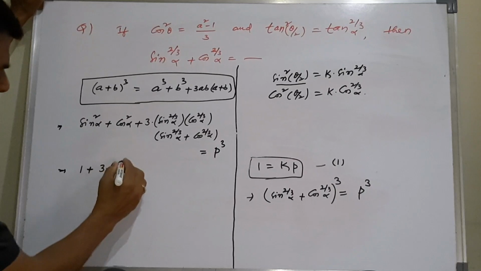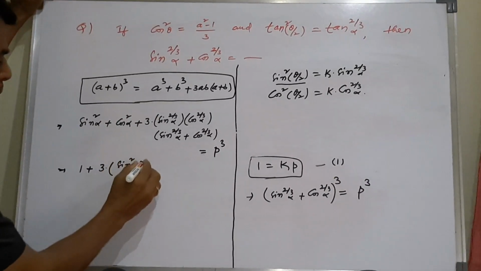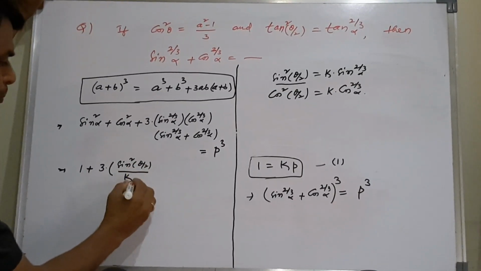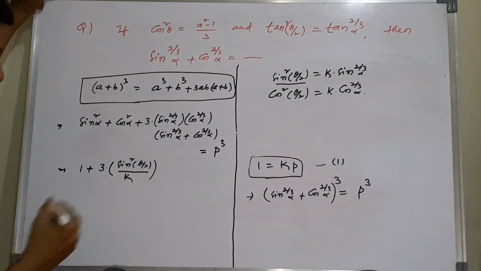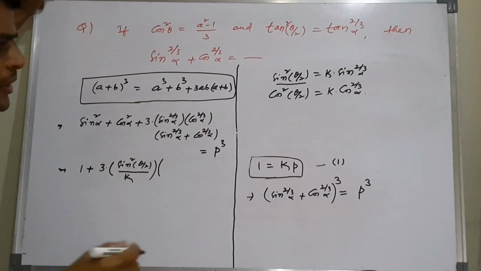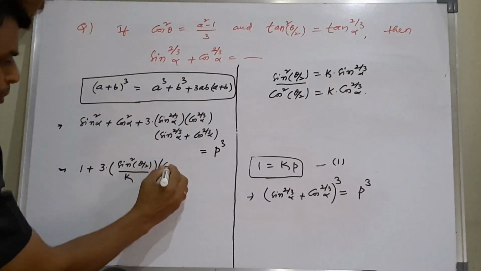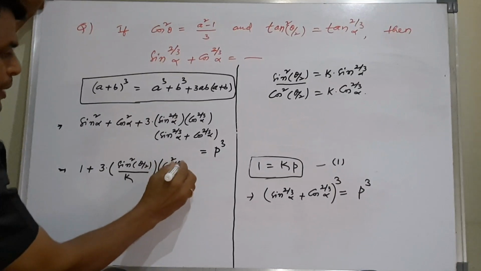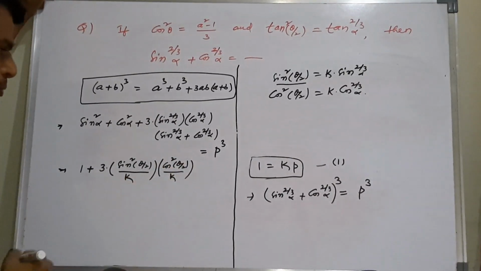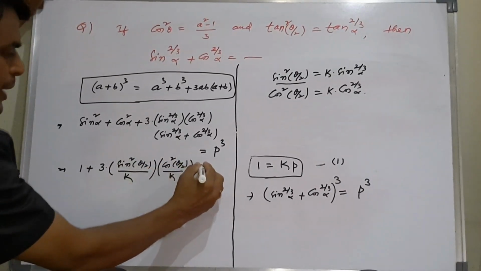So now I am replacing that, so that you will be getting sin square of theta by 2 by k into, even we are replacing cos power 2 by 3 alpha from here, that I can replace with cos square of theta by 2 divided by k, into this, we are supposing it as p.